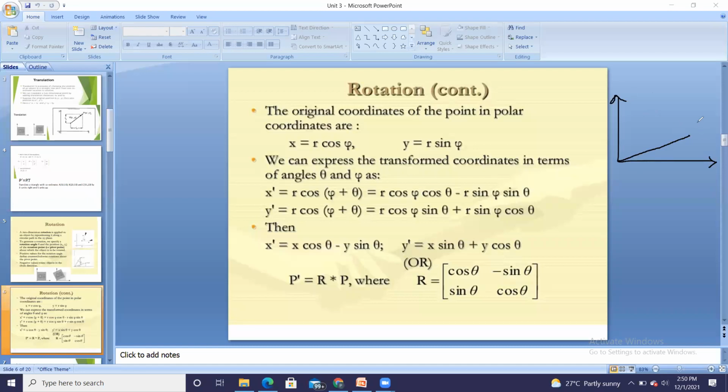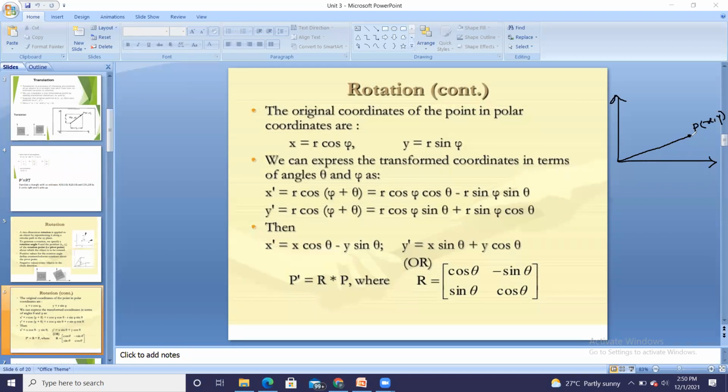Okay, so this is your original point P with coordinates x and y.